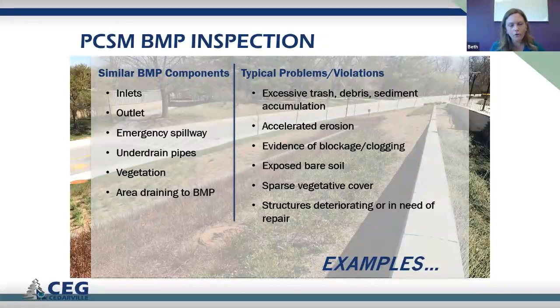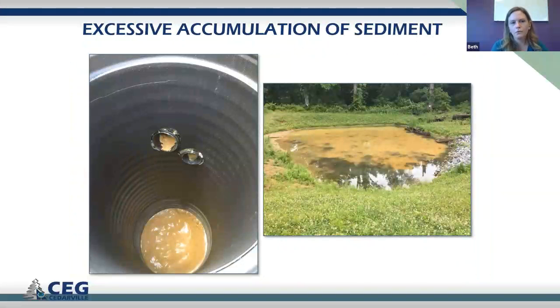A lot of times there's an overflow or emergency spillway. Sometimes there's an underdrain, and then you have vegetation in most cases. And then you have the area that drains to the BMP. So those are the items that you need to concentrate on when you go and do a BMP inspection. And then again, here are some typical problems or violations, and I'll show some examples that we've encountered in the field.